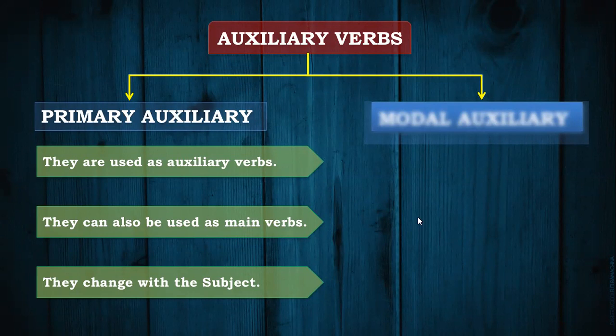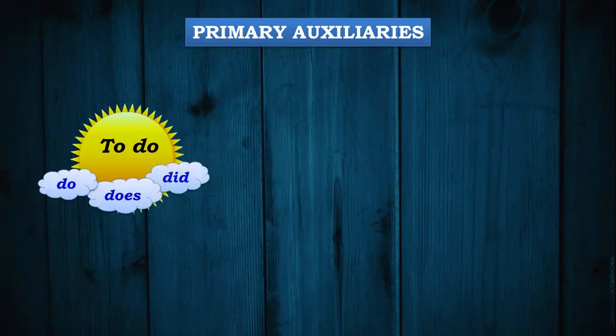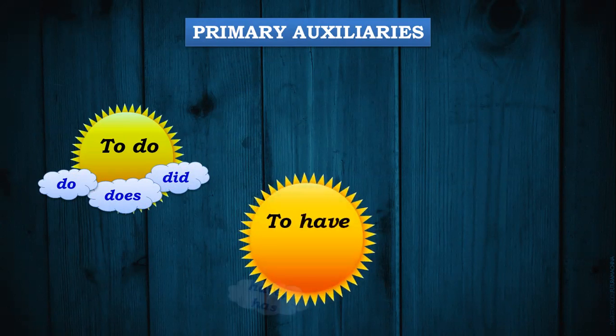But there are more primary auxiliaries which are coming here. And what are they? So here we go with the list. These are all known as the primary auxiliaries. The do form, that is do, does, and did. The to have form, that is have, has, and had.